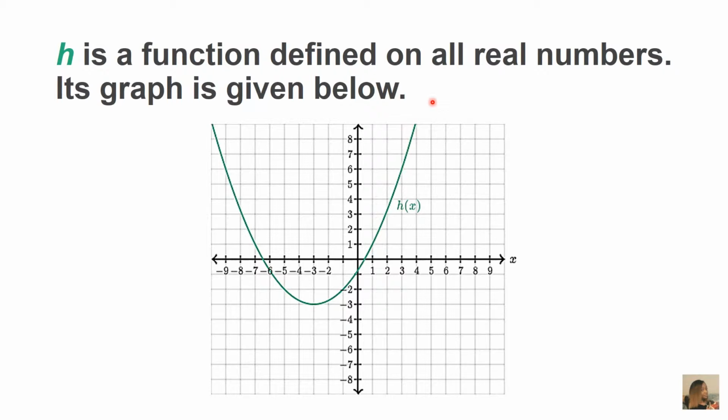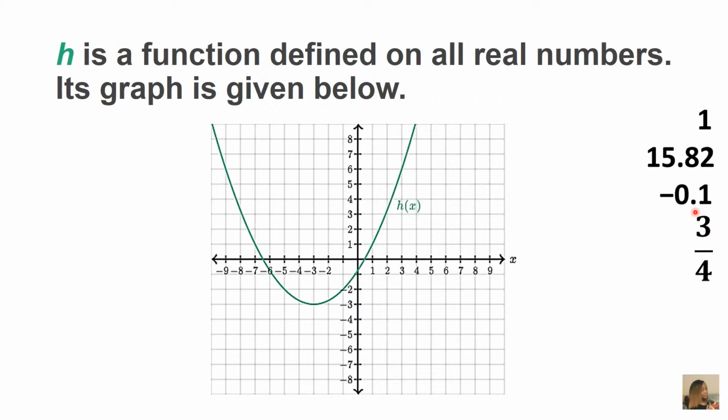And finally, h is a function defined on all real numbers. Its graph is shown below. And again, for those of you who need constant refreshers as to what's categorized as real numbers, they're the type of numbers we normally use, such as 1, 15.8, -0.1, fractions like 3/4, and note this is a decimal, a negative decimal at that.